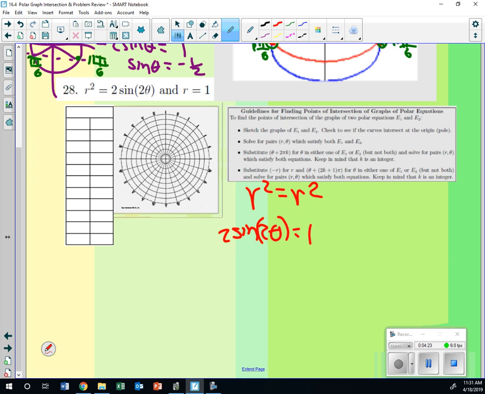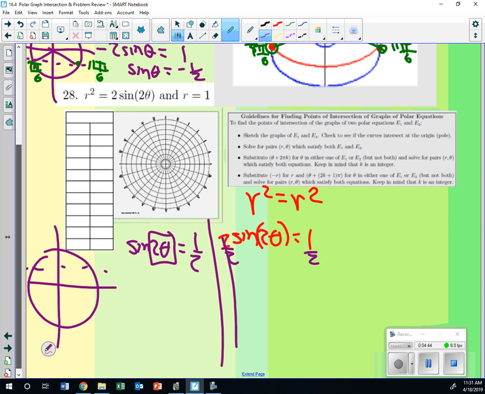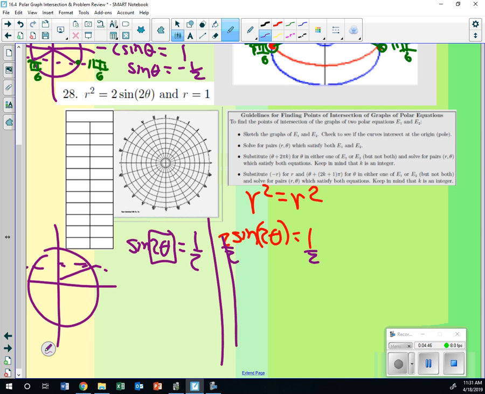So we're going to divide by 2, and you'll get sine 2 theta is equal to 1/2. Have we ever done anything like this before? Yeah, a bunch of times. So if we look at the unit circle, sine x equal to 1/2, about right there, this will be your pi over 6, and this will be your 5 pi over 6.